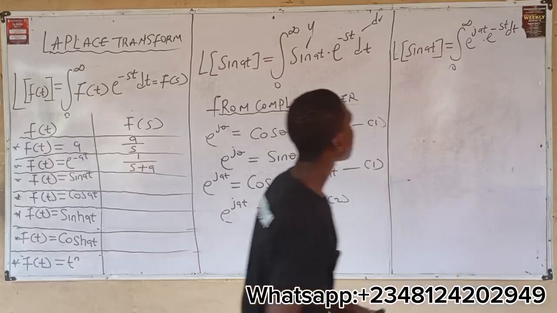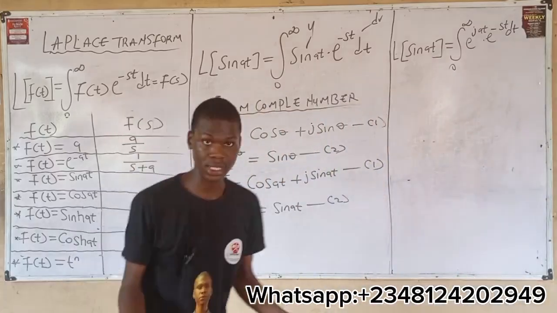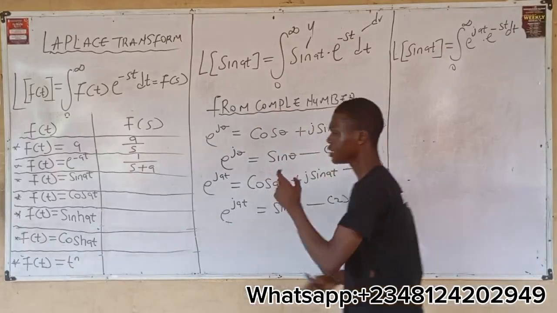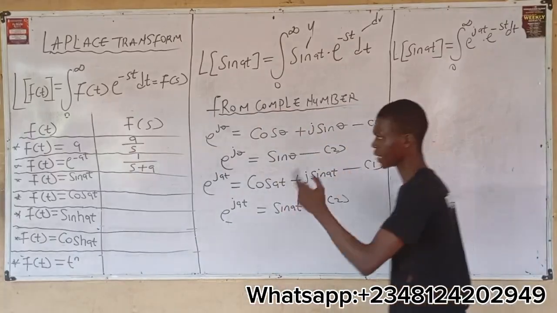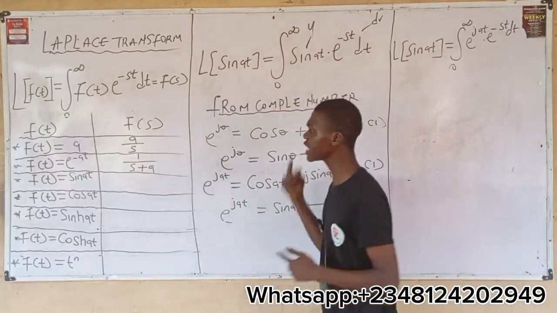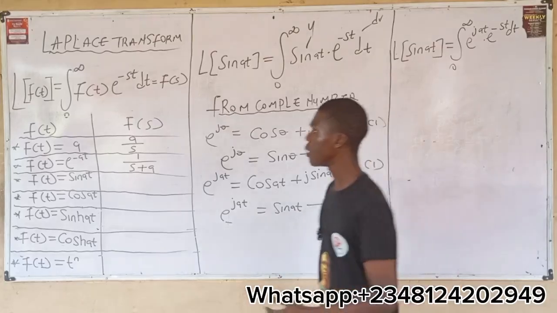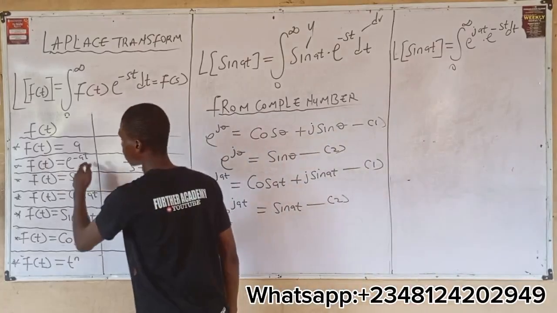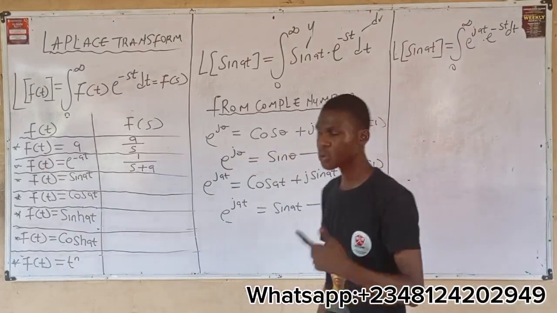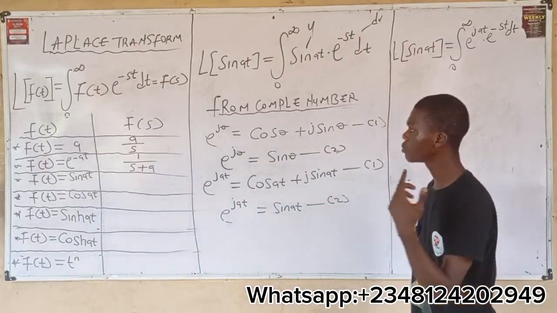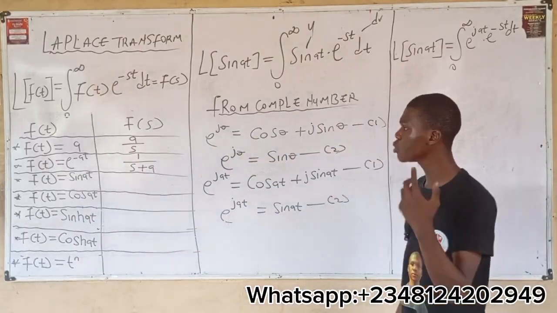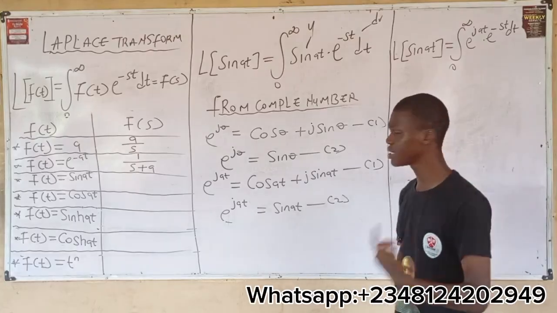All right. Now from here, let's integrate. I said this earlier: this particular function, sin at, is taking us back to what we did previously, meaning the way we found the Laplace transform of exponential negative at. So the same way we did that, we are also doing the same thing here.